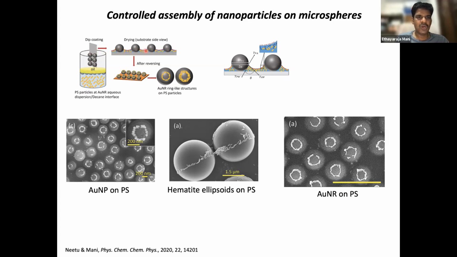Within the film, you have these gold nanorods. Then by controlled drying, evaporation of this liquid, and then you rip off this particle away, you basically get these nice rings that are shown here. And you can do it for a variety of particles, and we have demonstrated that it's quite robust. This is one nice piece of work that we have done recently.